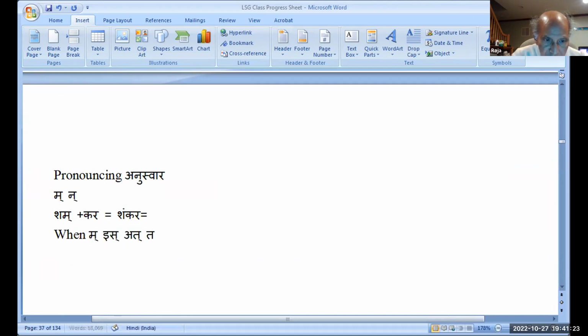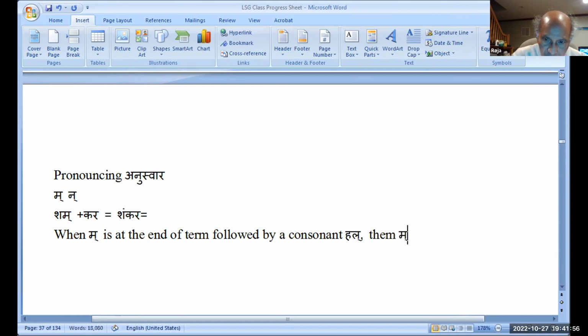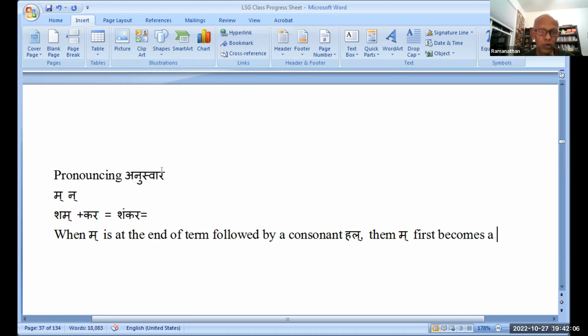is at the end of a term, followed by a consonant, then it becomes an Anuswara.